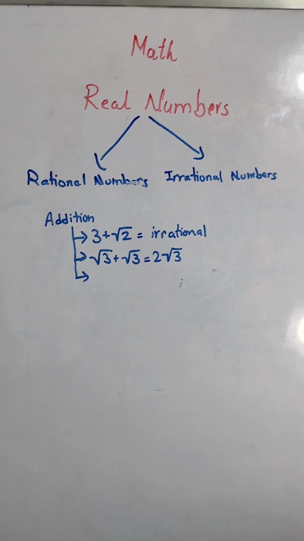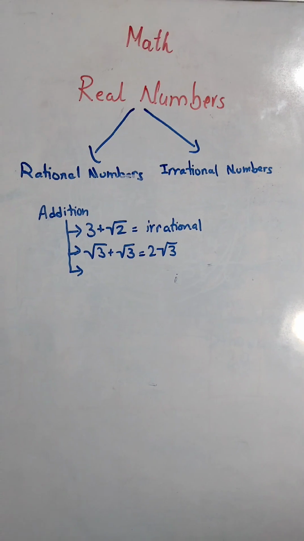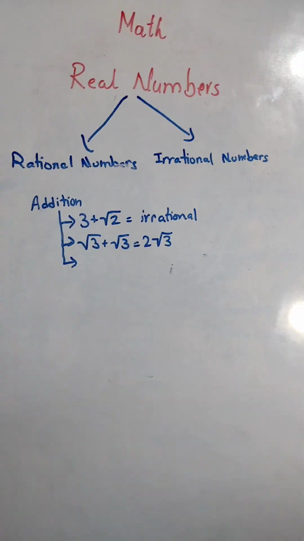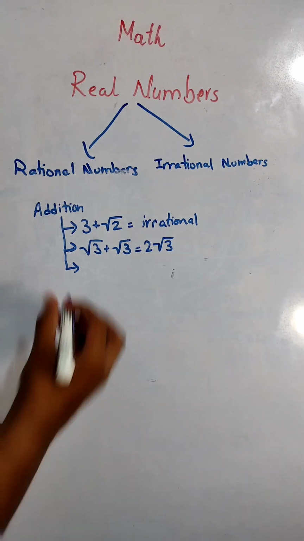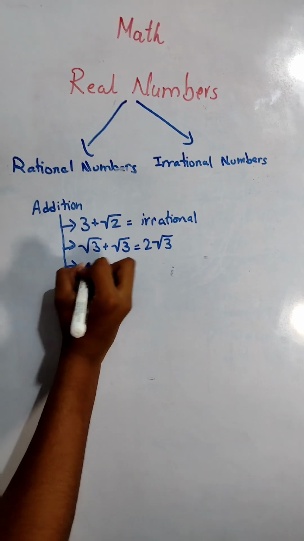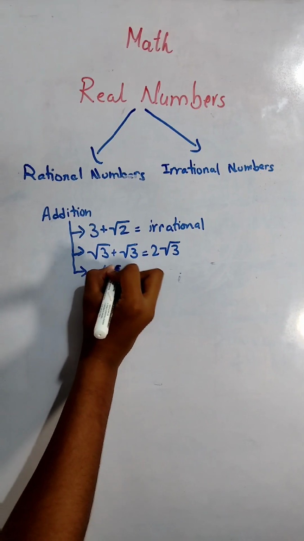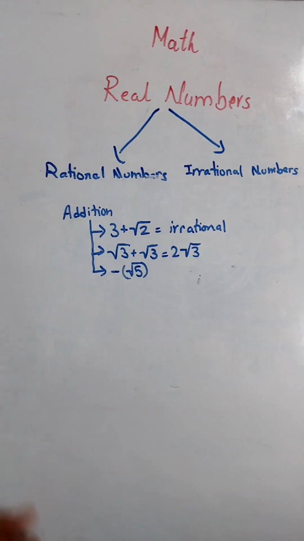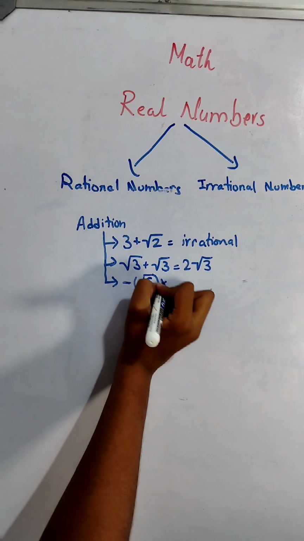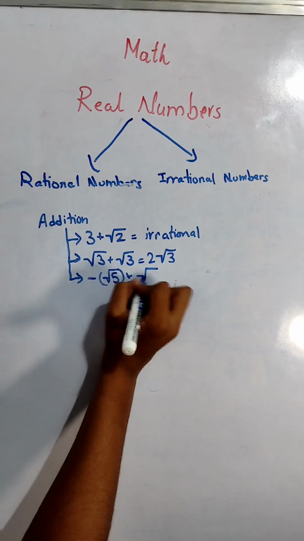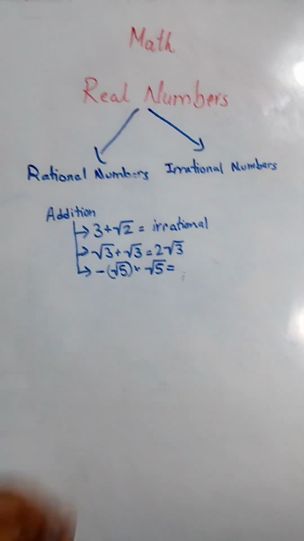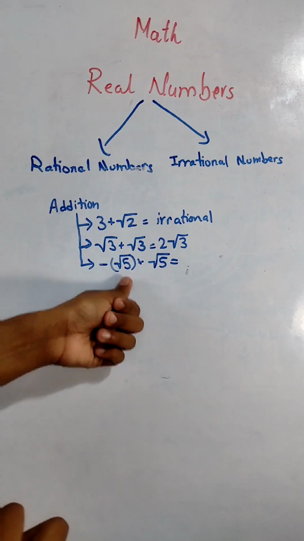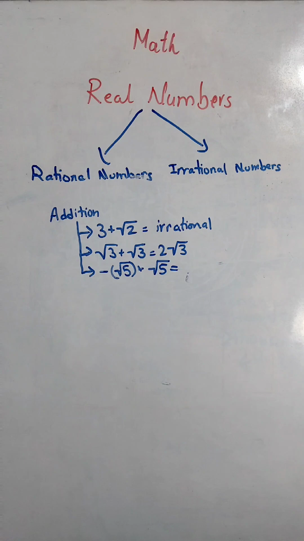Okay, so to add two irrationals which gives a rational answer, the best example would be by taking minus root 5 plus root 5. So in this case, we are adding minus of root 5, that is because we don't know what is minus root 5.